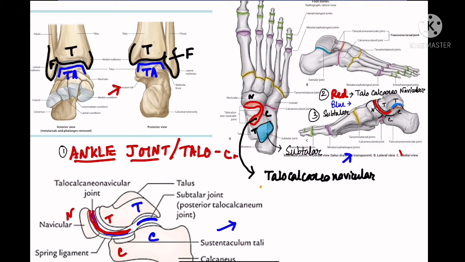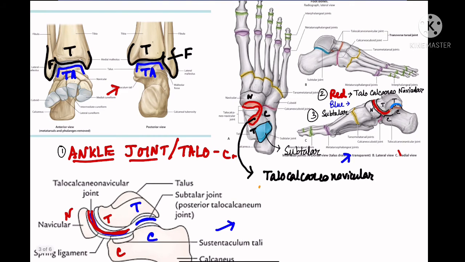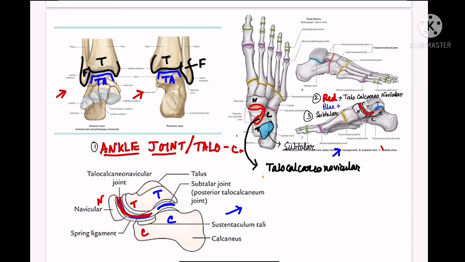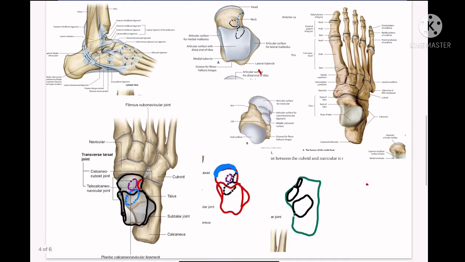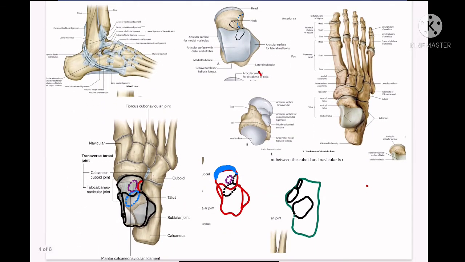Now we will discuss the features and important attachments of the talus. The talus presents a head, neck and a body. If we see from the dorsal aspect, we can see the head, the most forward portion, followed by a constriction, that is the neck, and body, which is the largest segment, following the neck.